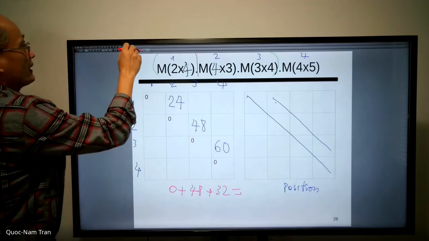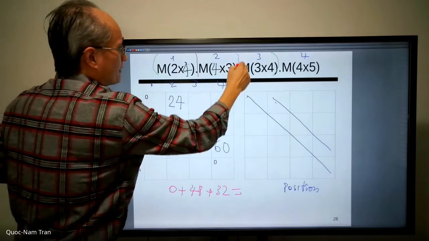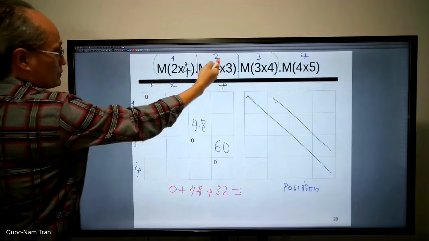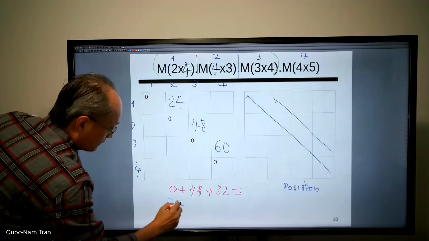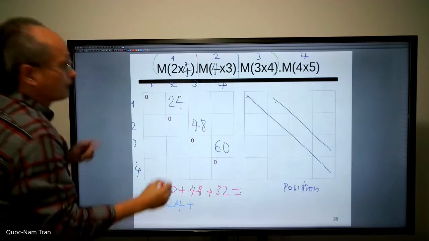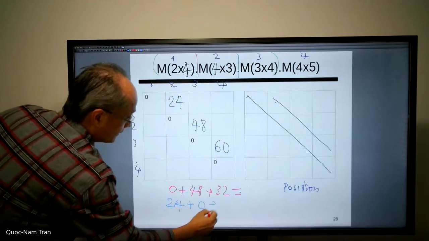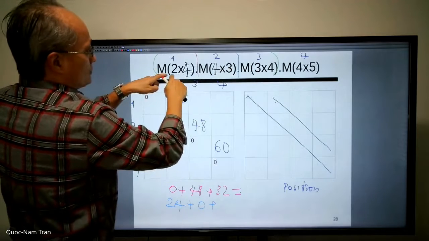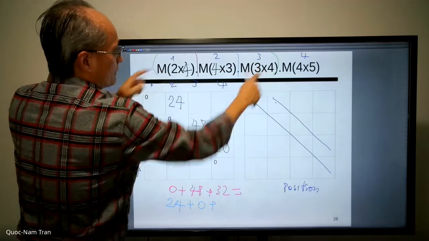All right, so the next is we break it here. So we have the left has 1 to 2, we already have 24. Okay, the right has 0, and the cost for multiplying them together is 2 times 3 is 6. 6 times 4 is 24.